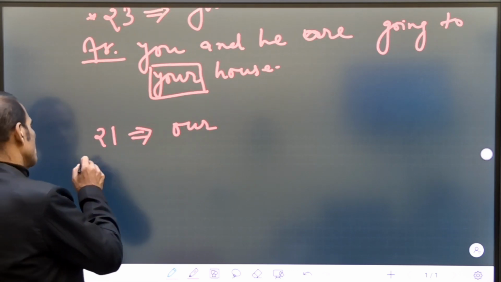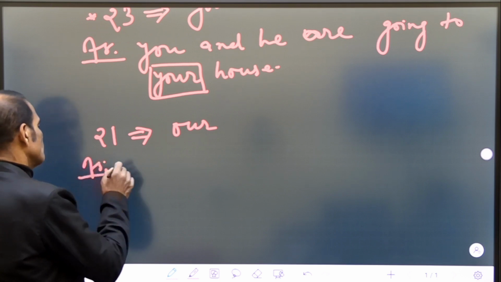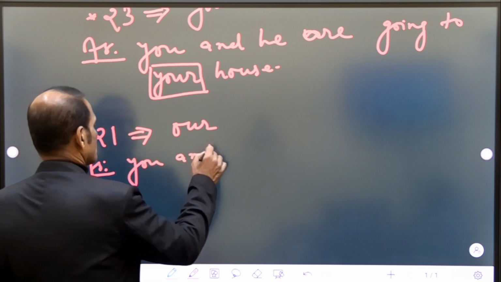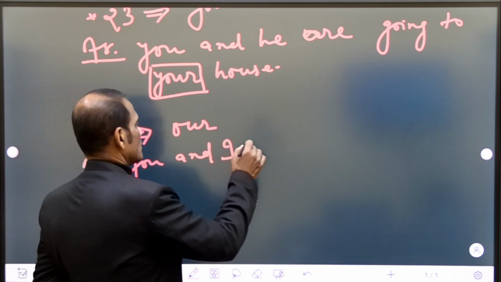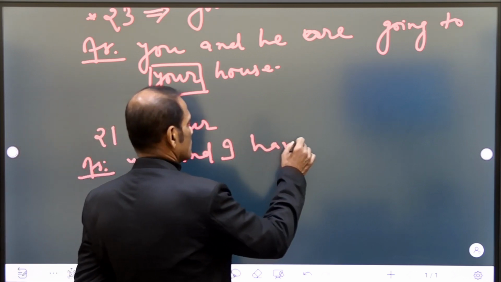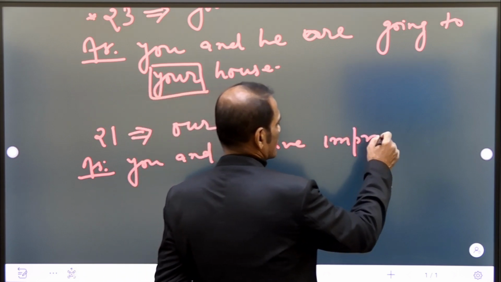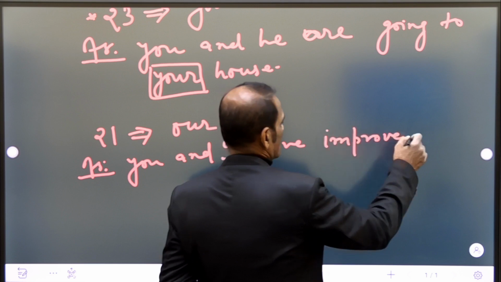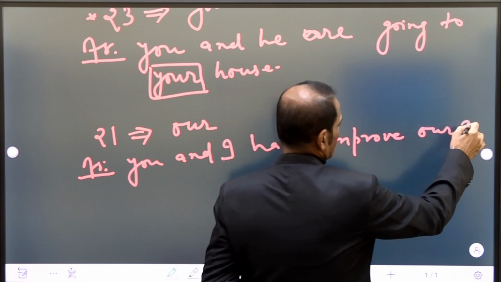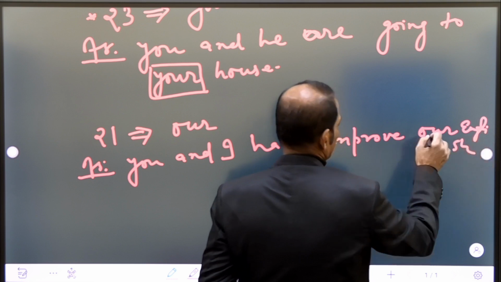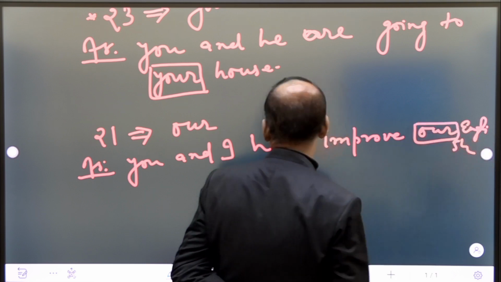For example, you and I have to improve our English. Here should be "are", not any form of pronoun.